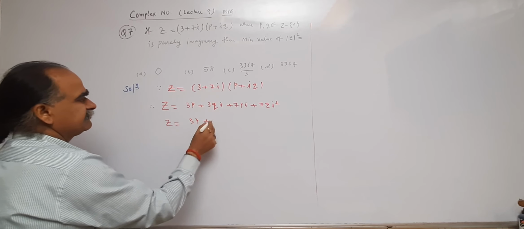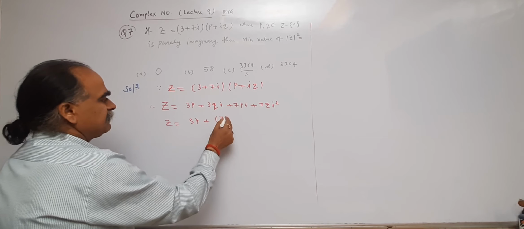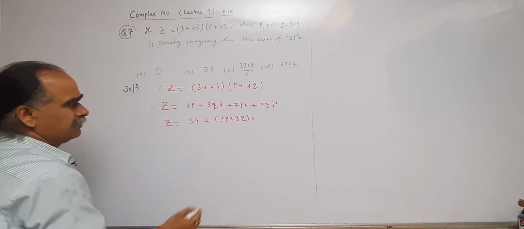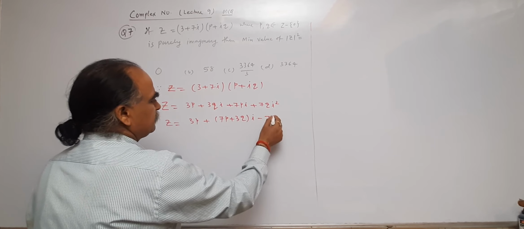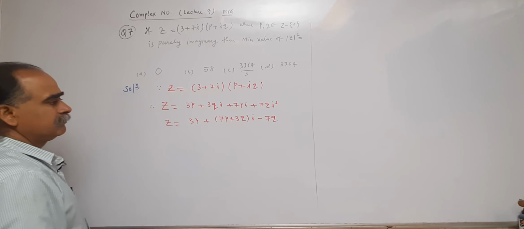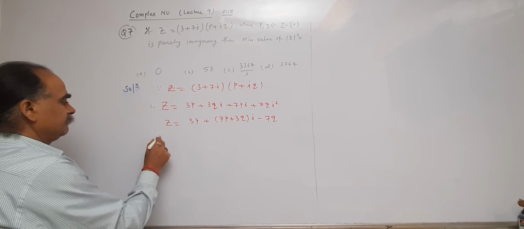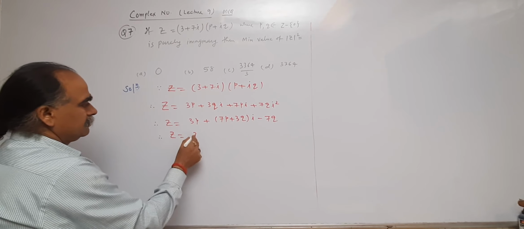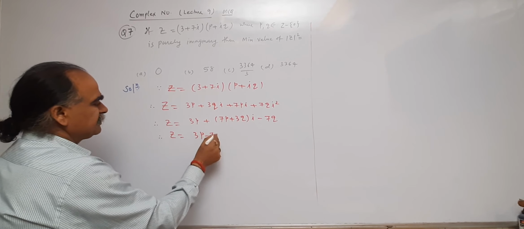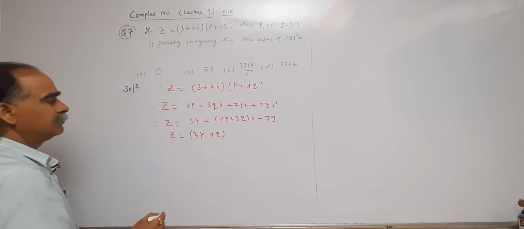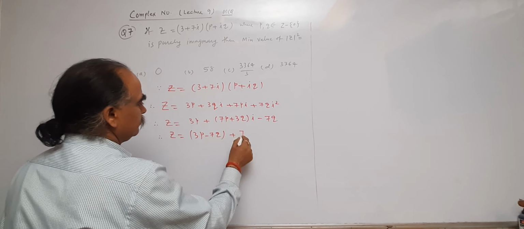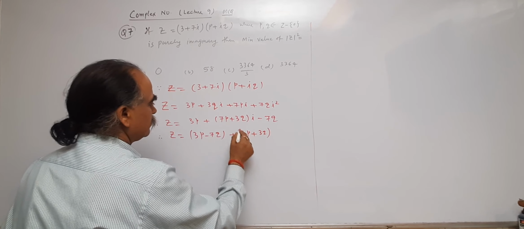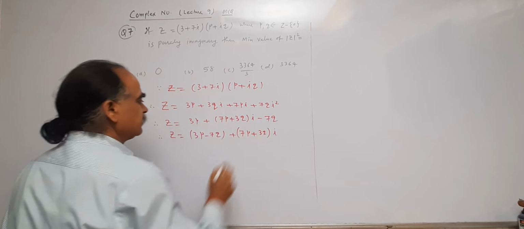So 3p plus (7p plus 3q)i, i common, minus 7q. Therefore z is (3p minus 7q) plus (7p plus 3q)i.